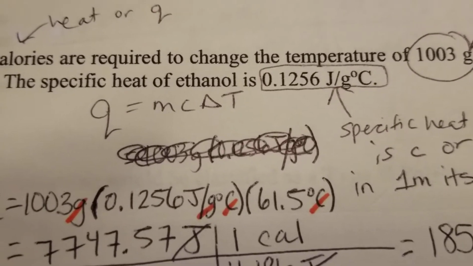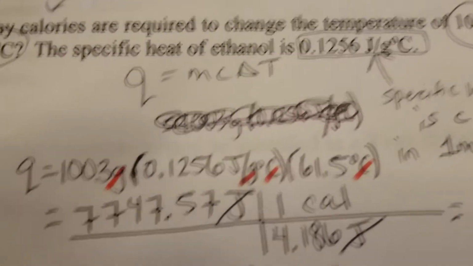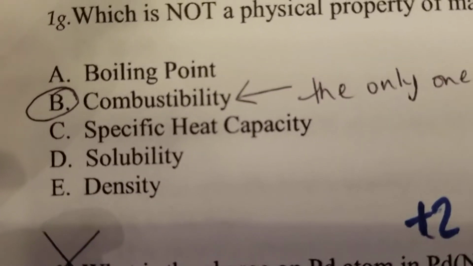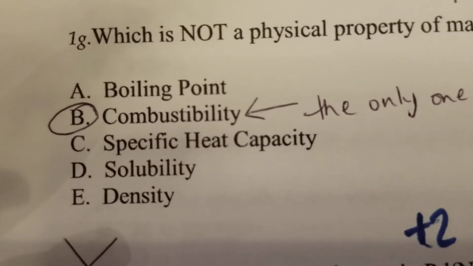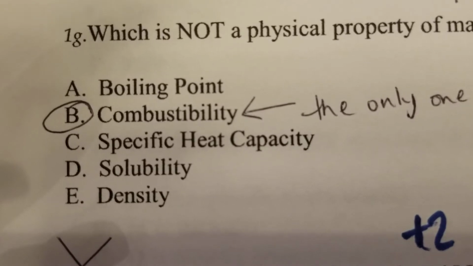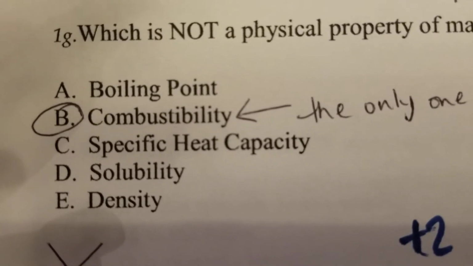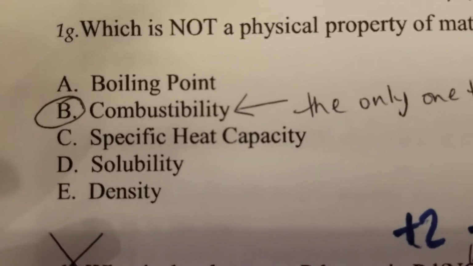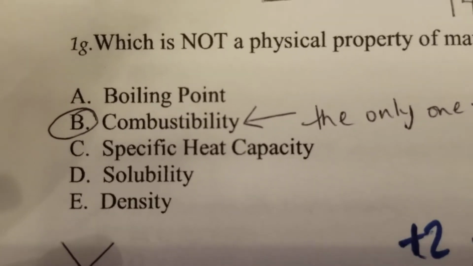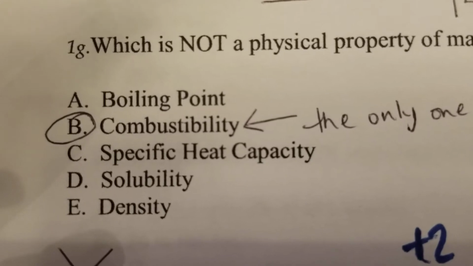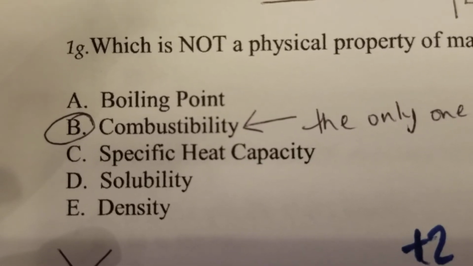That's always going to be true for ethanol, no matter what. Letter D is solubility. Solubility means the ability for something to dissolve. Again, it's going to dissolve or it's not. So it doesn't change the substance. And finally, density. The density of all substances, again, are the same no matter what.